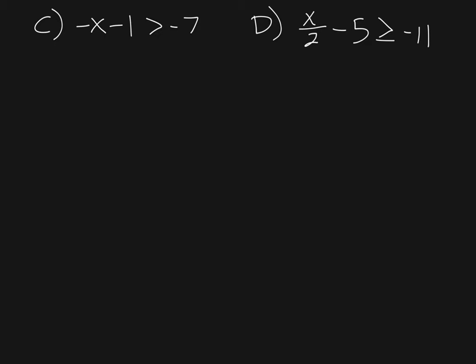Example C. We'll draw a line. Negative x minus 1. We'll add 1 to start. Negative 1 plus 1 is 0. That leaves us with negative x is greater than negative 6. Now negative x, remember we can think of this as having a 1 in front of it.